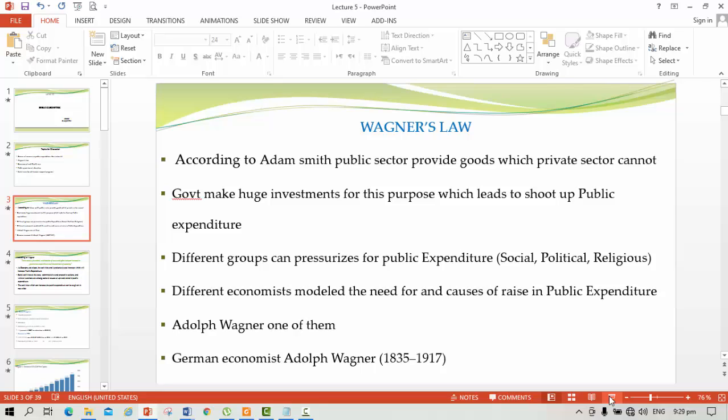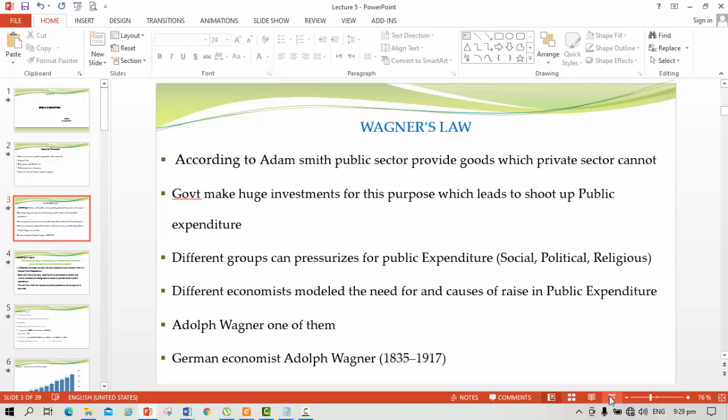So the government makes huge investment for this purpose, which leads to a shoot up in public expenditure. For example, national defense, education, health, and environmental protection are all public goods provided by the public sector, and all these require huge investments.